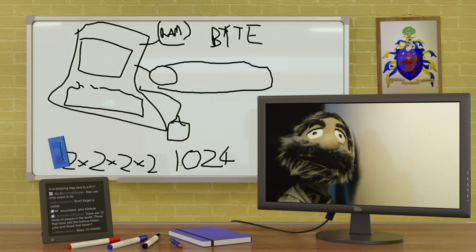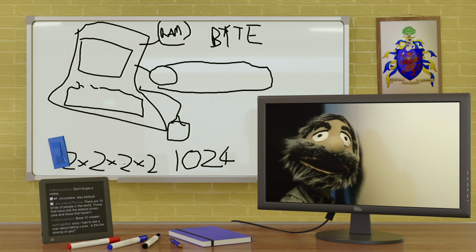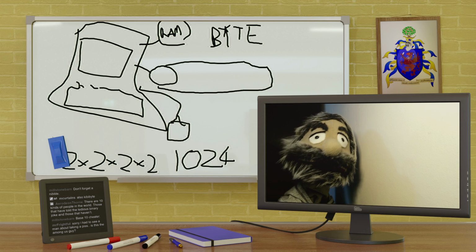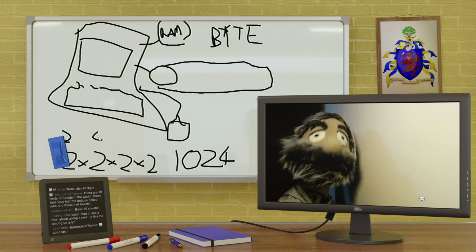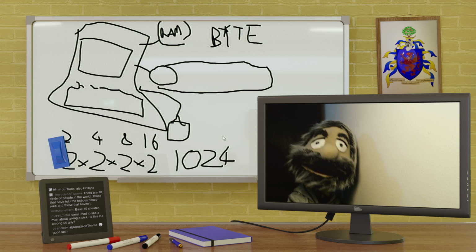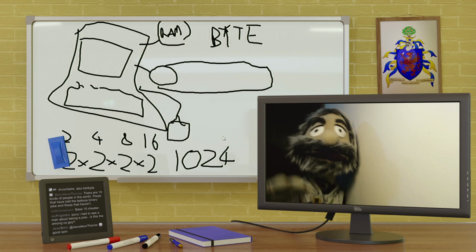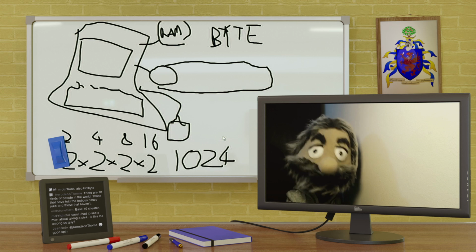So we have 2, 4, 8, 16, and so on, 32, 64, 128, 256, 512, 1,024.